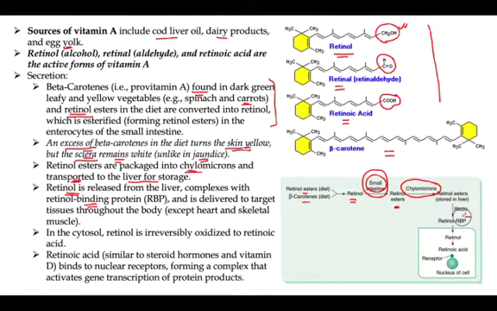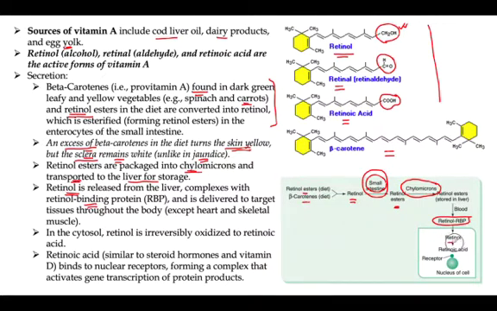This retinol binding protein helps to solubilize retinol, which is predominantly hydrophobic, and transport it throughout the body to the cells that require retinol, except the heart and the skeletal muscle.